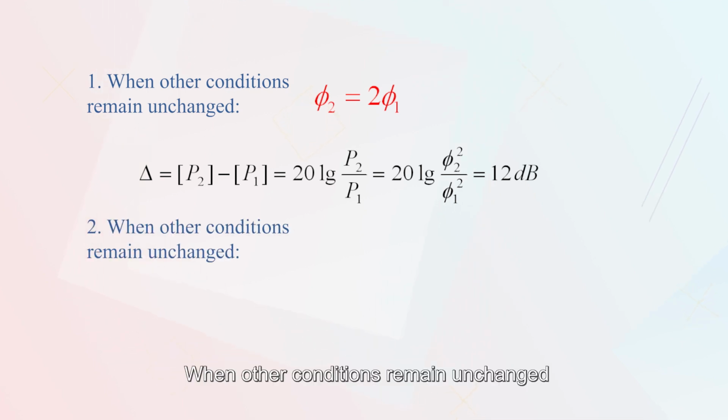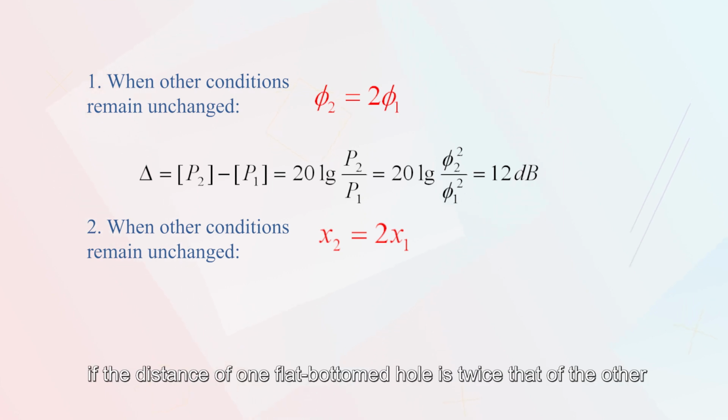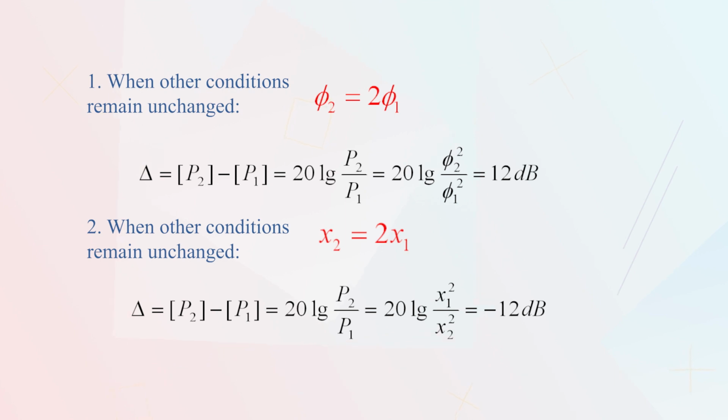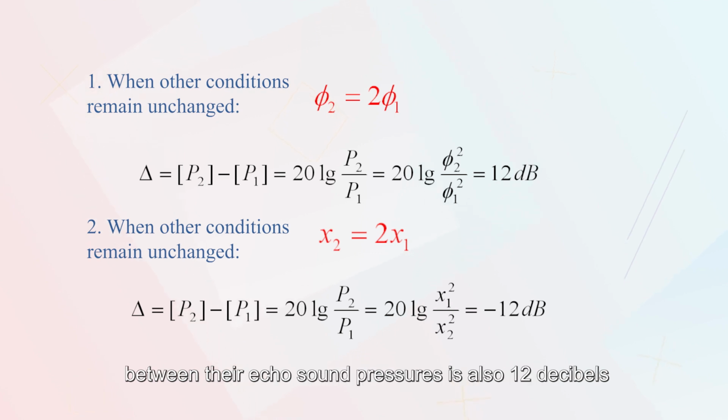When other conditions remain unchanged, if the distance of one flat-bottom hole is twice that of the other, it is not difficult to calculate that the decibel difference between their echo sound pressures is also 12 decibels.